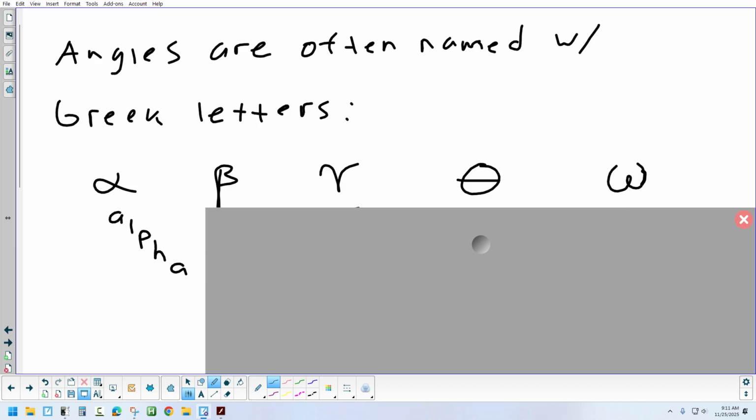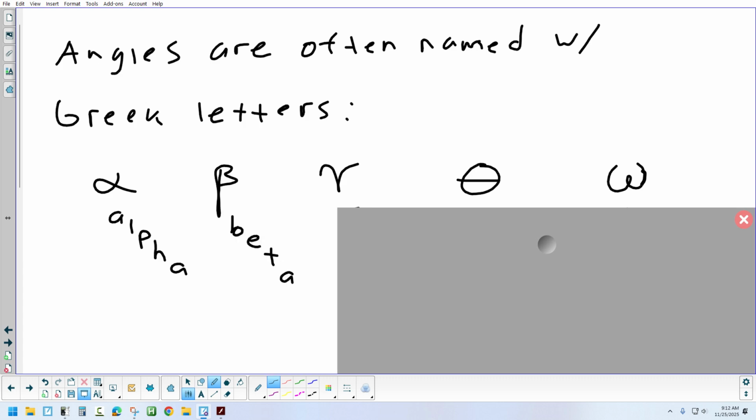These are also all the lowercase versions of the letters. Okay, alpha. How about the next one? Is it beta? That's beta. And the next one after that, it looks kind of like a Y a little bit. Okay, that one is gamma.